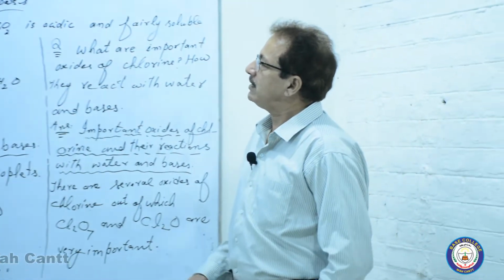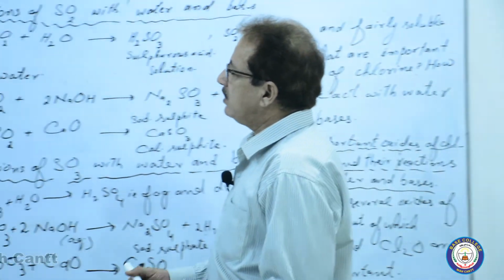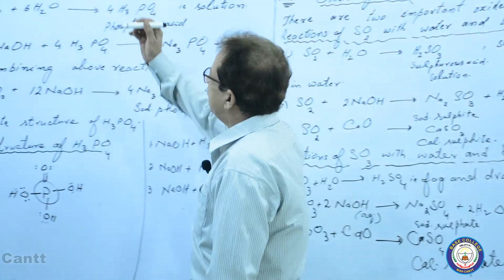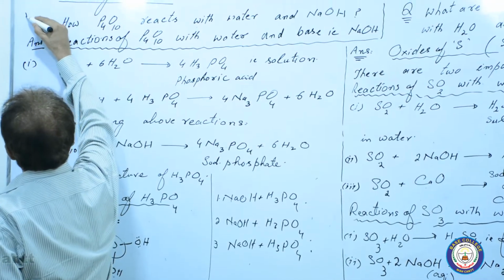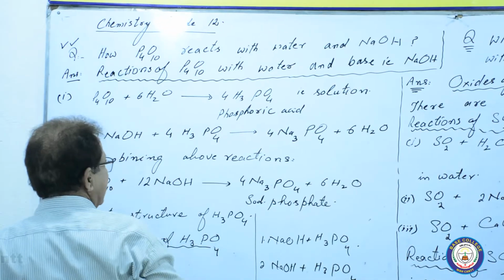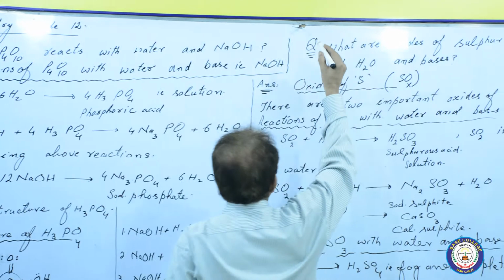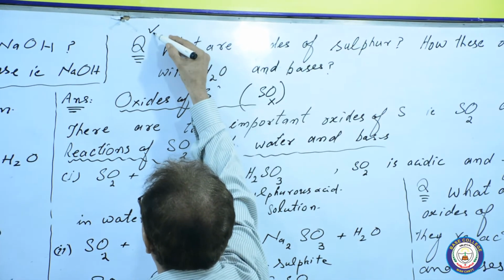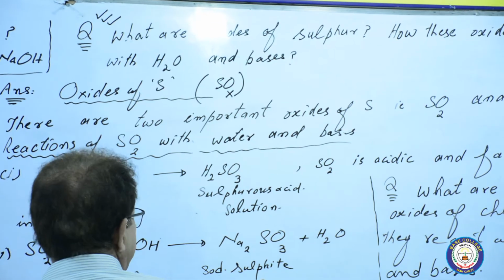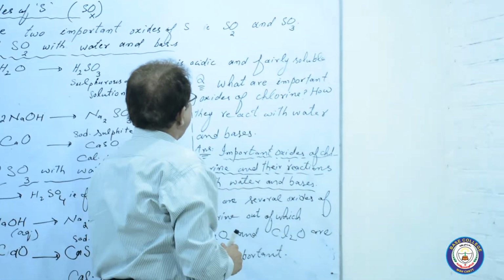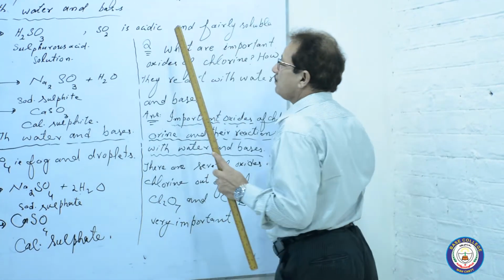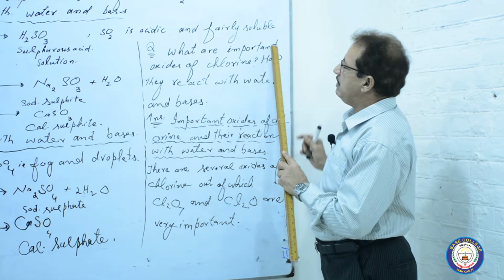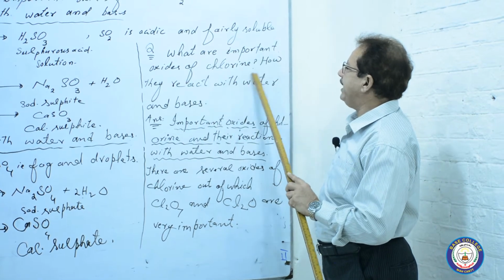This question is more important, therefore I am placing three ticks here. Next question: what are the important oxides of chlorine?